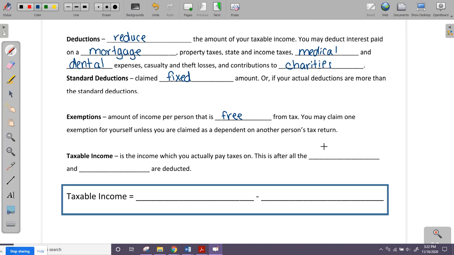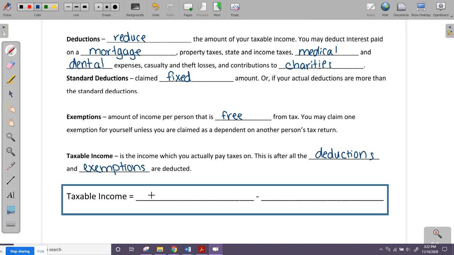Taxable income is the income that you actually pay taxes on. This is after all of the deductions and exemptions are deducted.